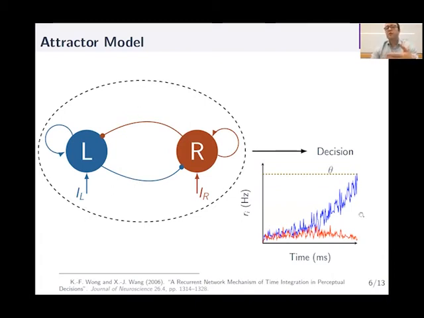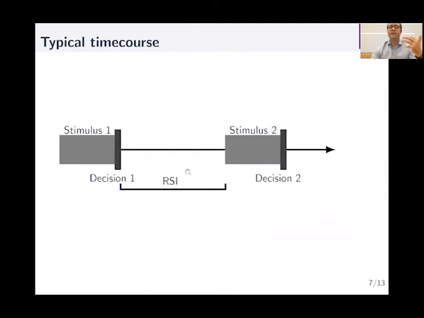There is only one small issue with this kind of model, which is that they are called attractor models because you more or less reach an attractor state in order to perform the decision. But if I go back to my experimental setup, it's a sequential setup, meaning that the typical time course is the following.